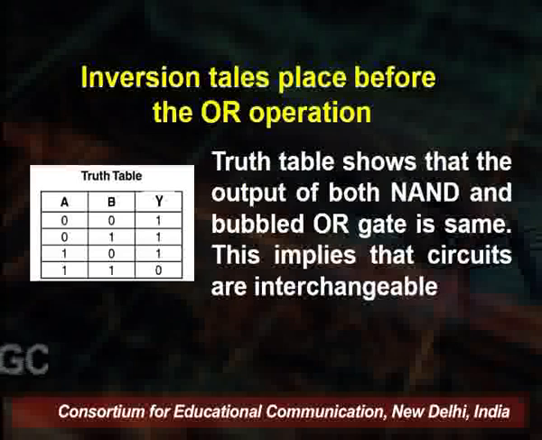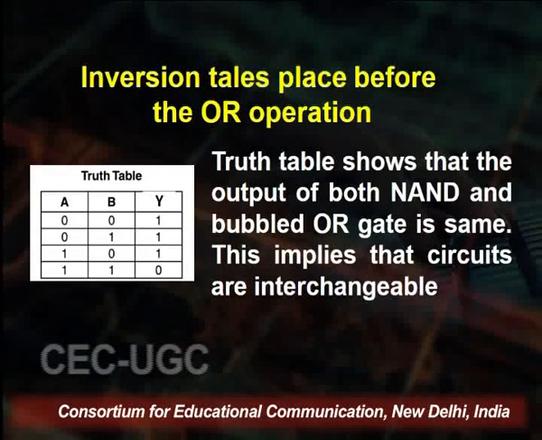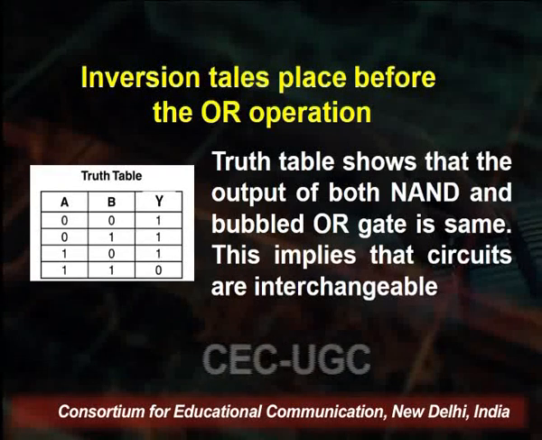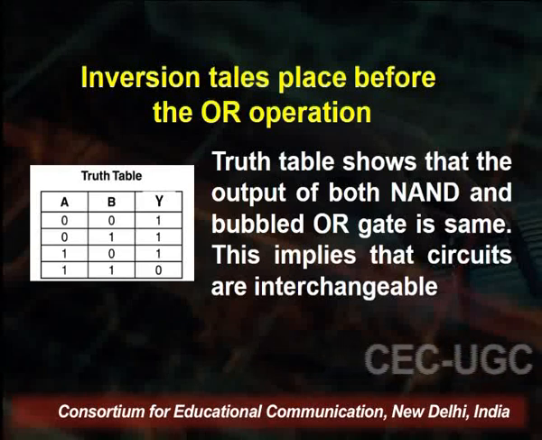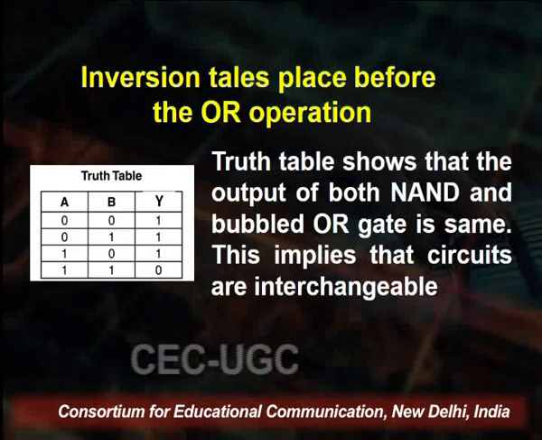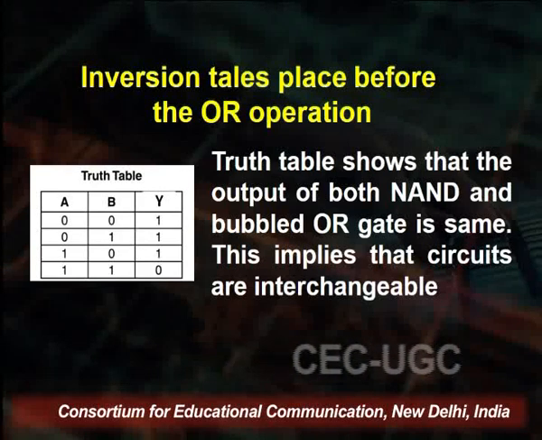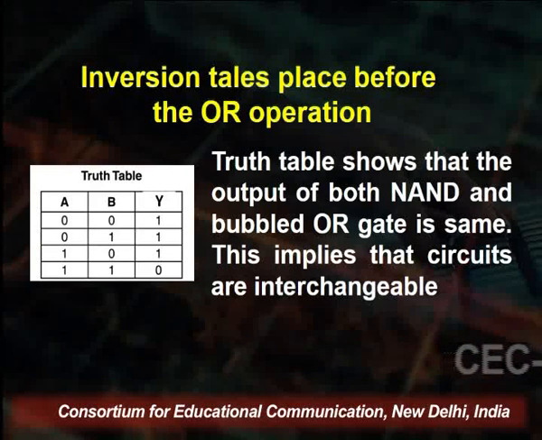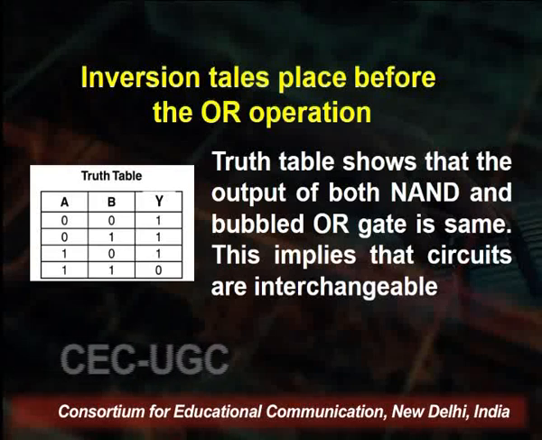Going further, we see again the truth table. For 0 0 we have 1, for 0 1 and 1 0 we also have 1 as the output of the bubbled OR gate, but for the combination 1 and 1 we have the output of the bubbled OR gate as 0.